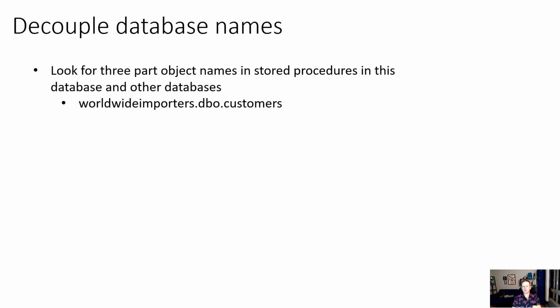So if there's a way for us to avoid doing this or to stop doing this, and maybe we do it by creating a data feed to import the data rather than use a three-part name, or maybe we take a look at the functionality and we don't really need it, right? If there's a way to remove that functionality, we should remove it and get rid of it, because we want to remove the tight coupling, and then it'll make it much, much easier to migrate the database that we're trying to make independent, right?